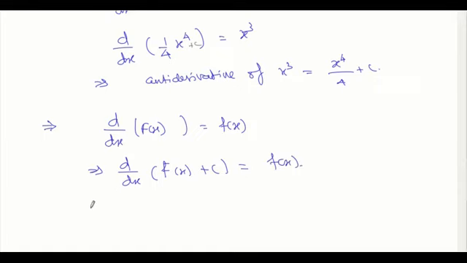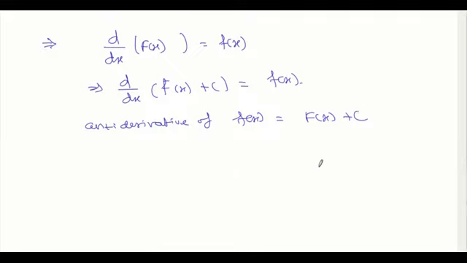So therefore we can say the antiderivative of f of x is nothing but capital F of x plus c. This can be represented by the symbol: the integral symbol, f of x, we are using the element dx, is nothing but F of x plus c.